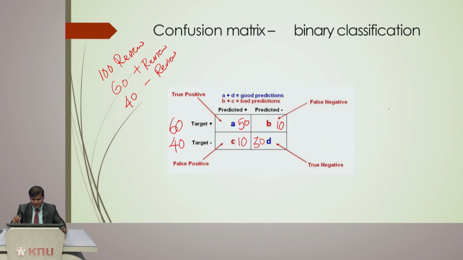We know that 50 plus 30 equals 80. This 80 is our correct or true classification. We made the correct classification for 80, so in other words, I would say our classification method is 80% correct or accurate.